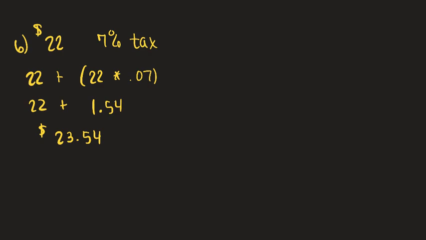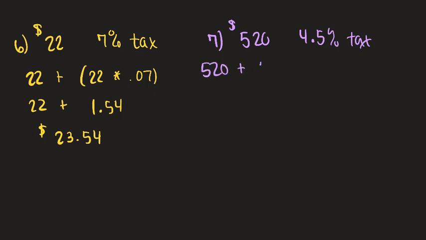Question 7 is going to be $520 at 4.5% tax. $520 plus 520 times 0.045.